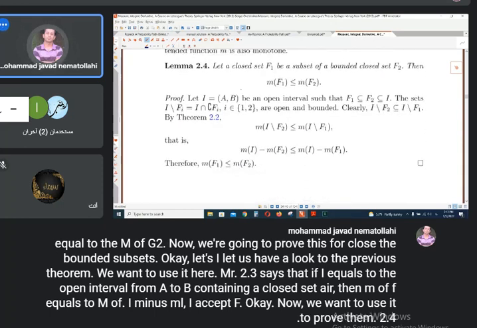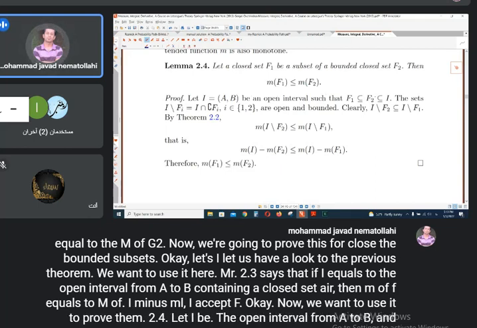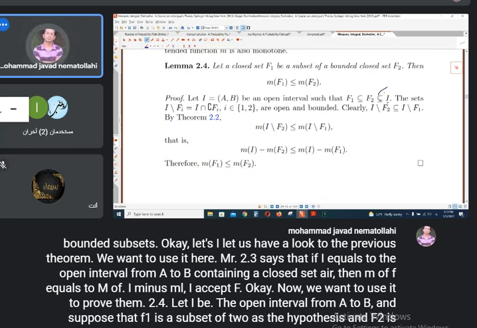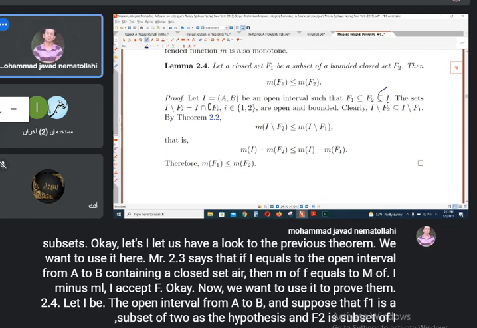Let I be the open interval from a to b, and suppose that F1 is a subset of F2 as the hypothesis, and F2 is a subset of I because they are bounded.